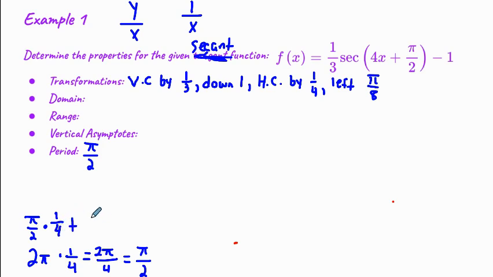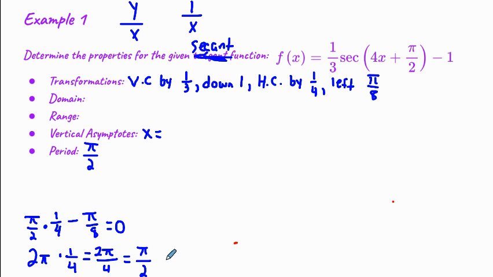And then we're going to subtract our shift to the left of pi over 8. Now, just some real quick computations. Pi over 2 times 1/4 minus pi over 8, that'll all give us 0. So when we write out our vertical asymptote equation, usually we start with the initial value, and that's 0 in this instance, but adding 0 to anything is going to be itself, so we won't write it.